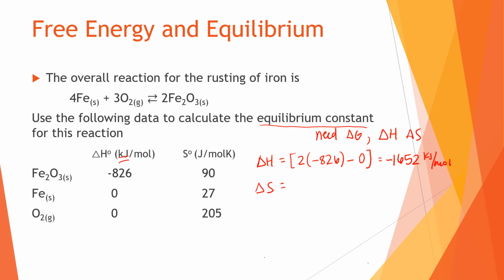Delta S, also products minus reactants, so 2 times 90 minus 4 times 27 plus 3 times 205 equals negative 543 joules per mole.